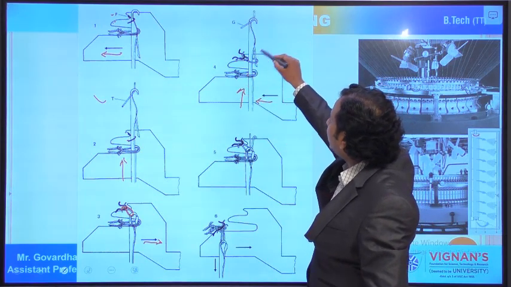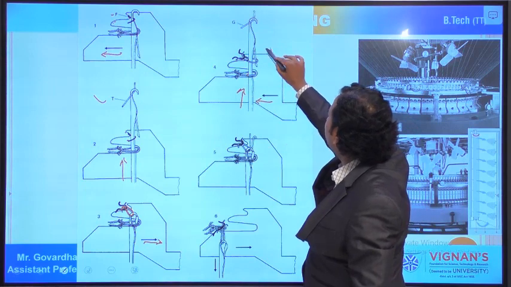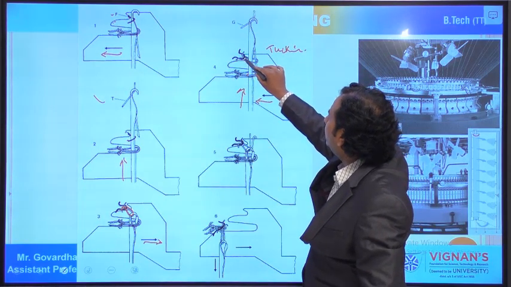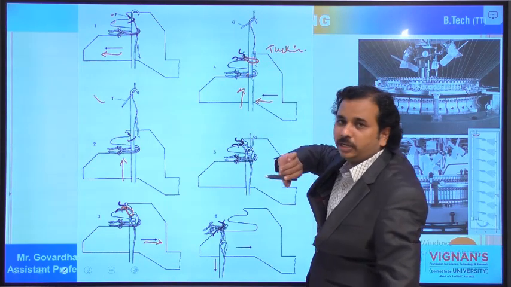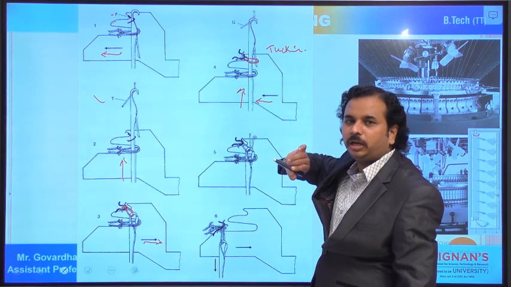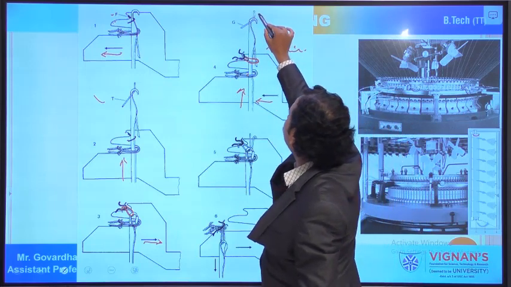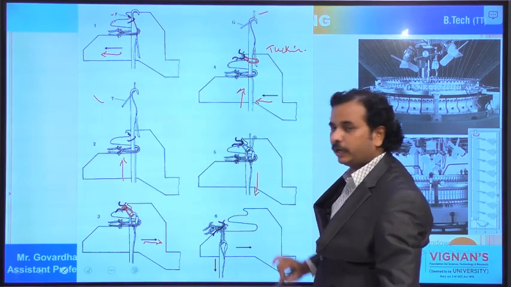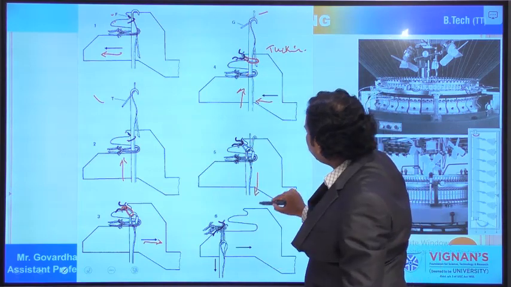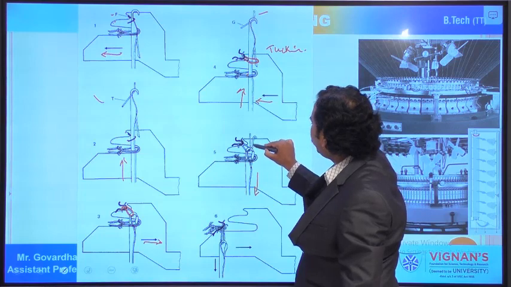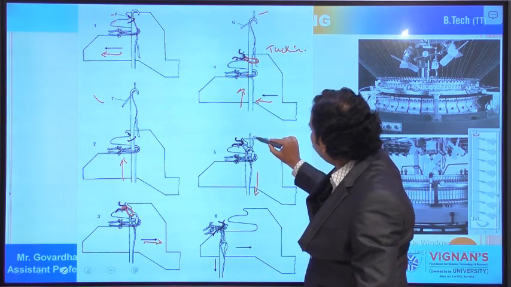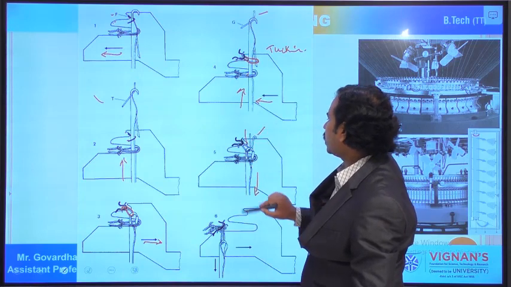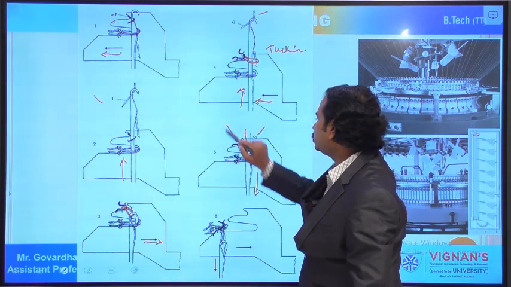After rising to the tucking-in position, our tie-in yarn is on the top of the latch and we are feeding the ground yarn. After feeding it, we are taking down the needle, that is knocking over. When the knocking over is happening, on the top of the sinker bellies the ground yarn is going to form the loop, and this is our tie-in yarn, and this is our fleecy yarn.